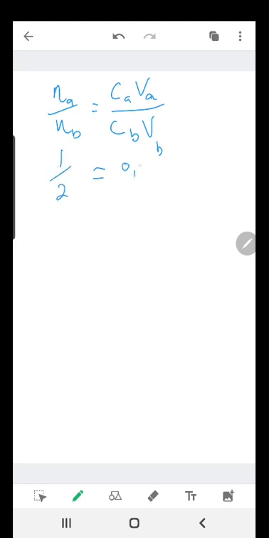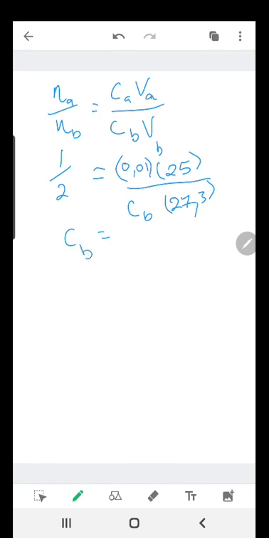Concentration of the acid is 0.01. Volume of the acid is 25. Concentration of the base is what we're trying to calculate. Volume of the base is 27.3. And then solve for the concentration of your base.